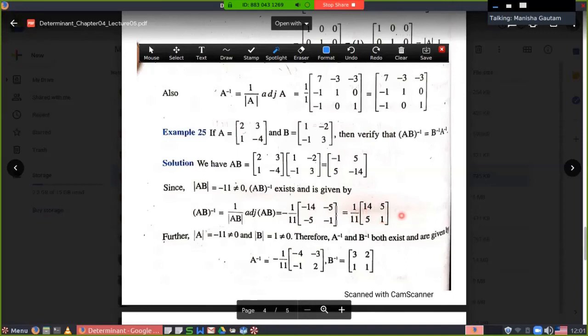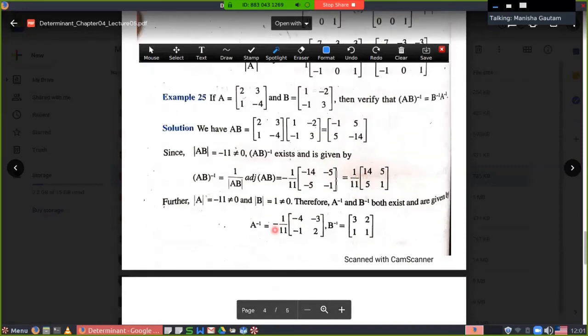Now for the right hand side, you have to calculate both B inverse and A inverse. For A inverse, 1 upon determinant value of A. Here the determinant value of A you can calculate: minus 8 minus 3, minus 11, that is not equal to 0. For B, 3 minus 2, that is 1, which is not equal to 0.